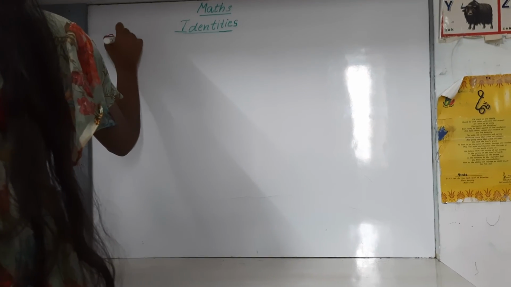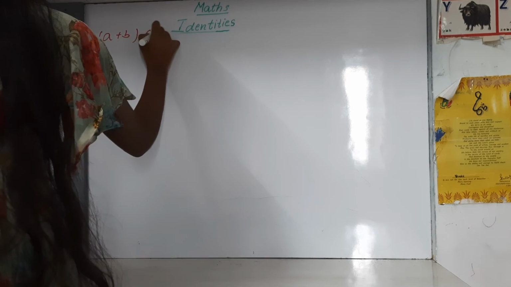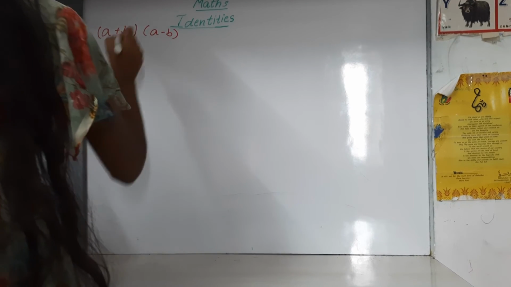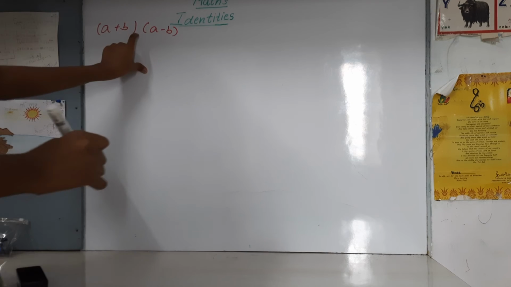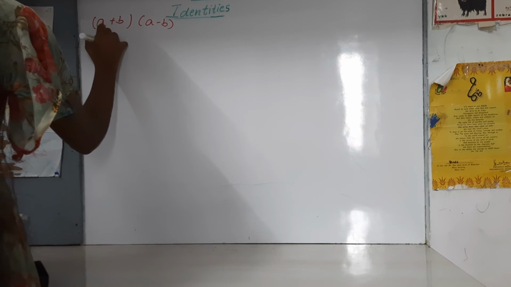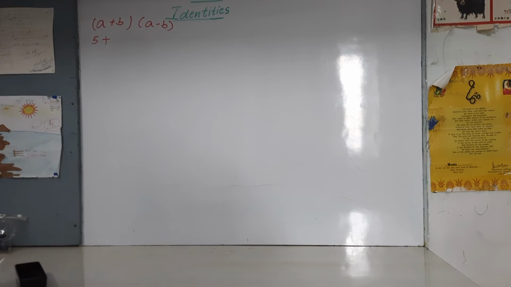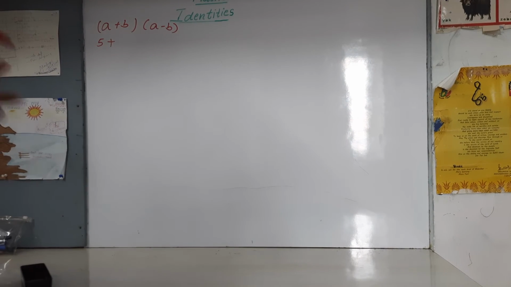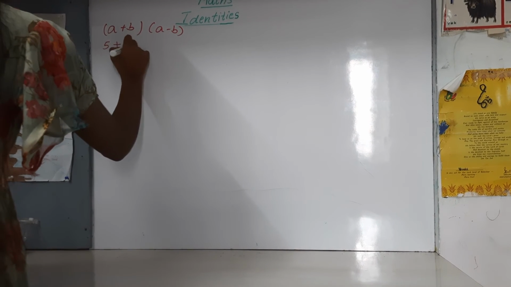For this (a plus b) into (a minus b), here I am not putting the into mark, but you have to understand it is into, okay? So let me give it as 5 plus 3. I'll just give you in a number format, then I'll go to x and those variables.